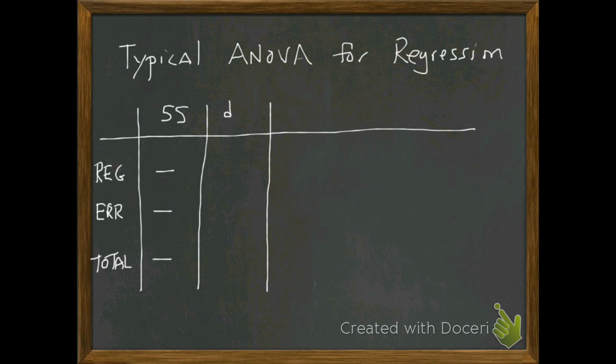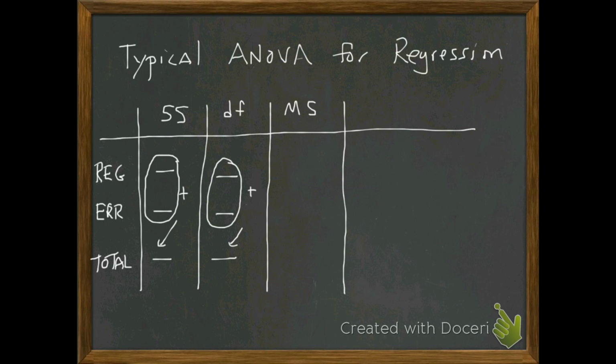Next, we would have our degrees of freedom here and here. What you can notice is that since the sum of squares are additive, these two things added together will get this value here. Degrees of freedom are additive too, so when these two are added together, we get this value right here. The next thing we get into is the mean square.